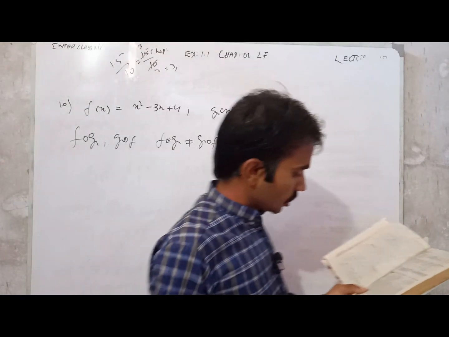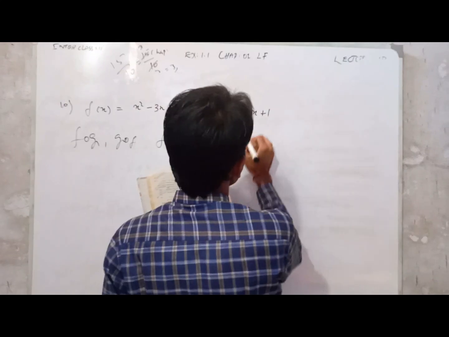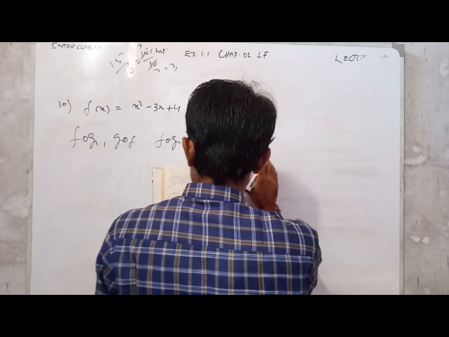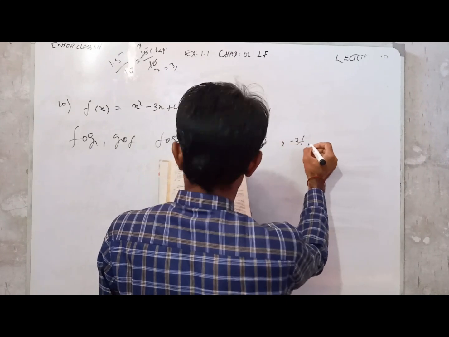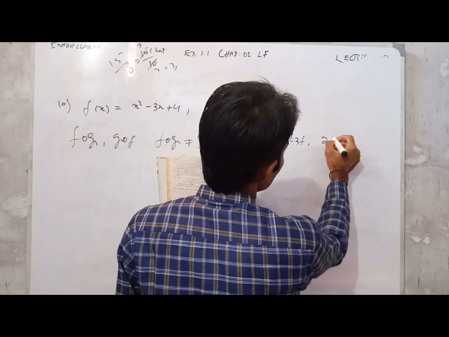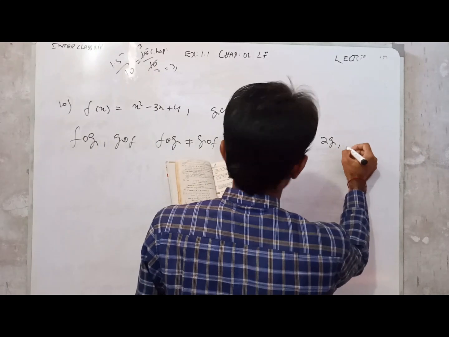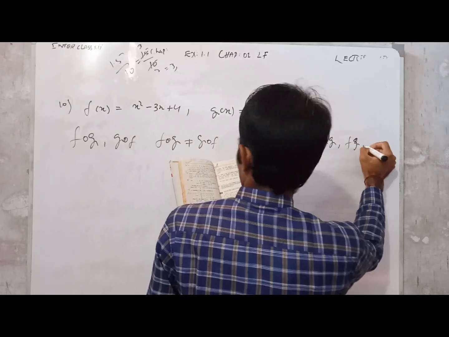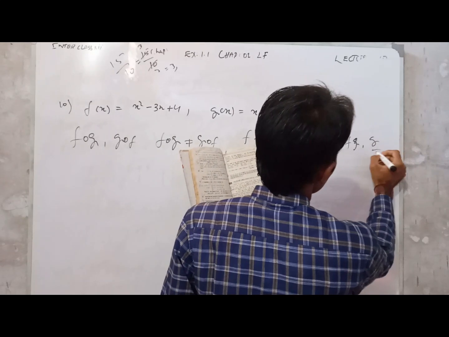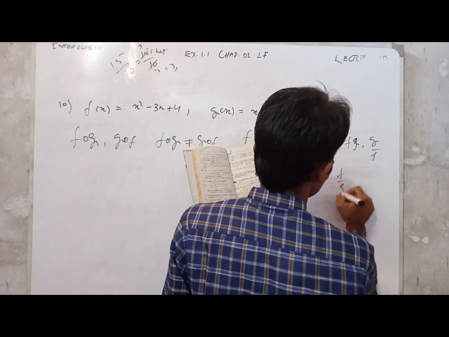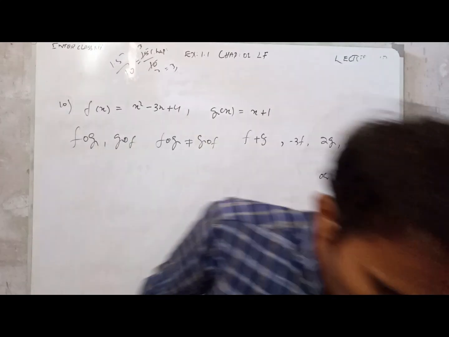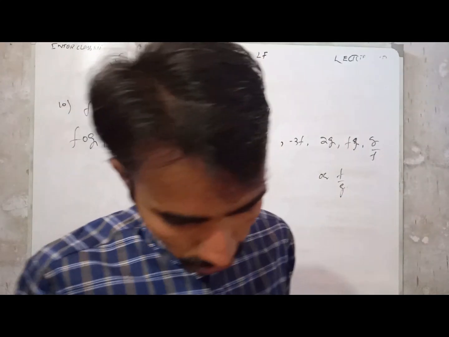Determine the function f plus g. We will add both functions. Later on we will find 3f minus 2g, f of g, g divided by f, and f divided by g. So we will find all these functions.